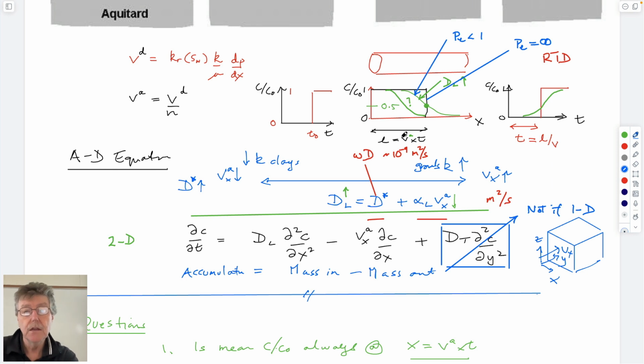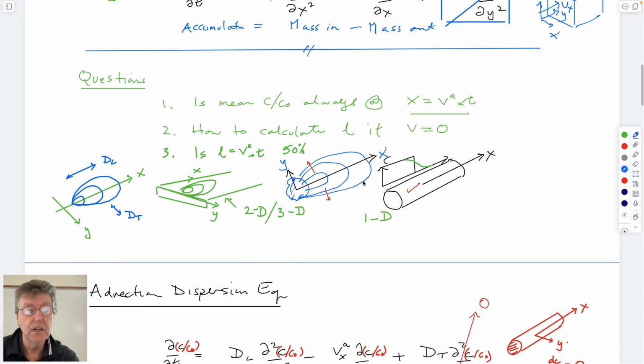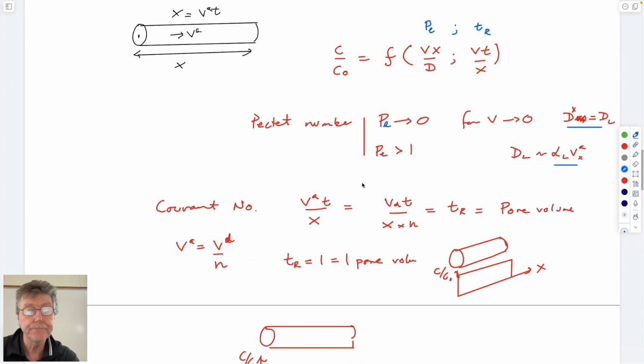And we can expect that. So if we know what the advective velocity is, what the dispersion is, and a length scale, how far it's traveled, then we have a way of saying something about what this curve might look like without solving these equations.